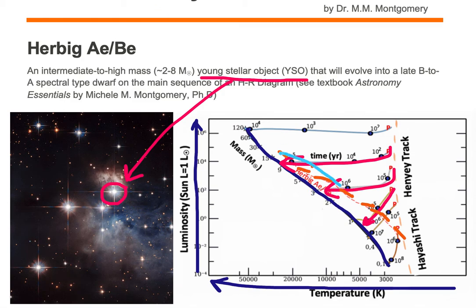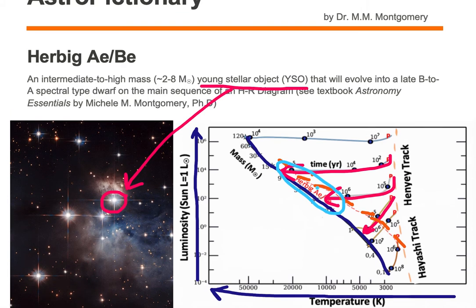One example is the Herbig Ae/Be objects, which I've encircled in pink. The Herbig Ae/Be objects are intermediate to high mass young stellar objects that are still forming. They will eventually become stable stars of spectral type between late B to A.